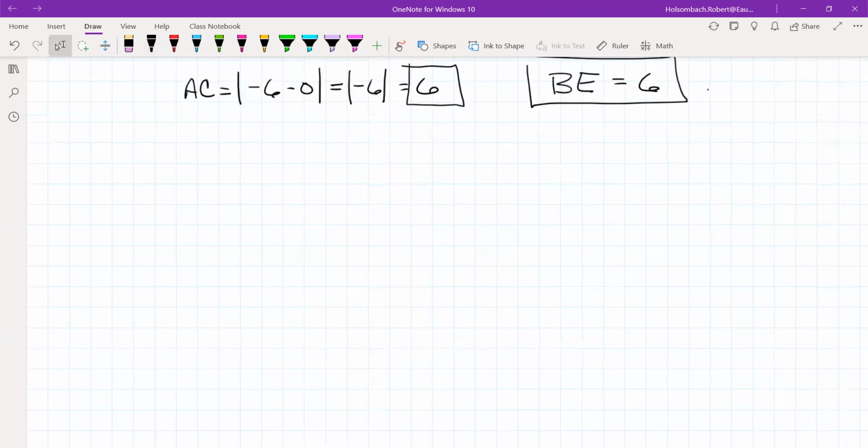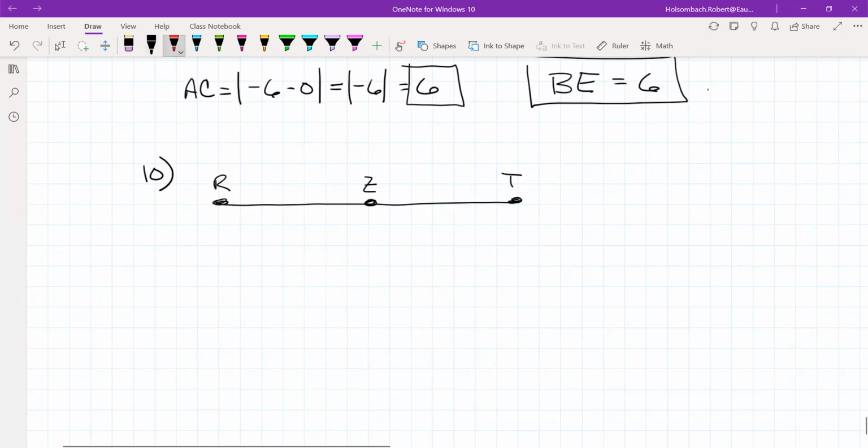All right, last problem for today is number 10. If Z is the midpoint of RT, so I'm going to draw this first. I got R, point Z, and T. Z is the midpoint of RT. Well, if Z is the midpoint, I'm putting these tick marks on here.